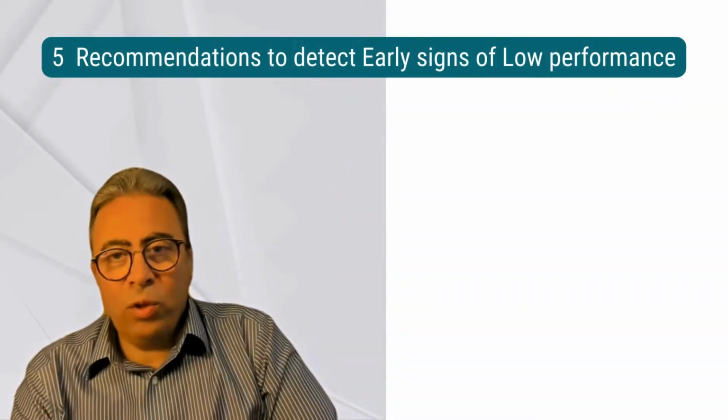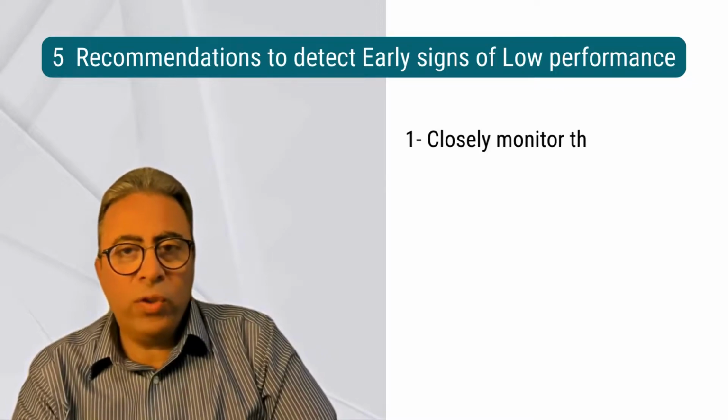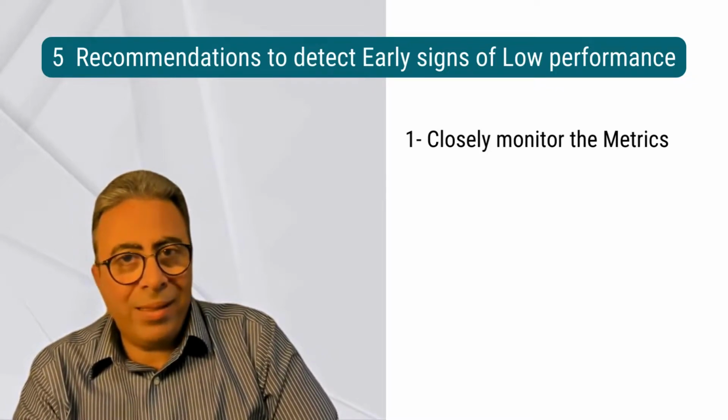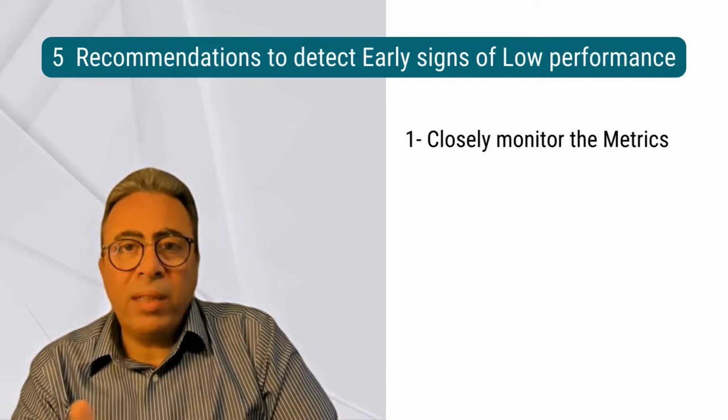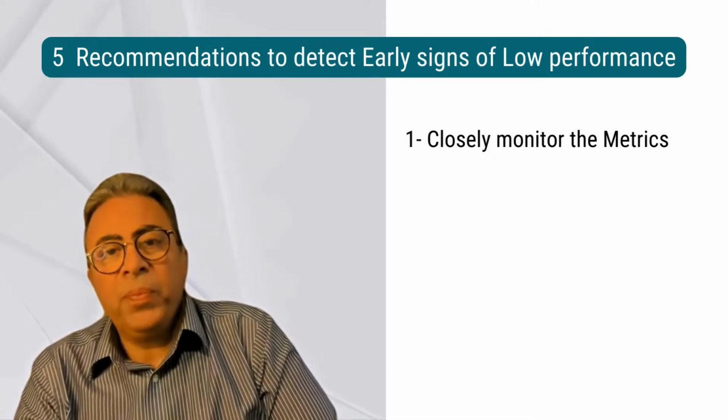People management is not an easy task, and it needs a specialized skill set that enables managers to understand beyond the boundaries of performance management. So, to summarize this recommendation: first, closely monitor the metrics. Don't leave the metrics of your team to be measured or assessed at the end of the year, but have them checked regularly, every month maybe.